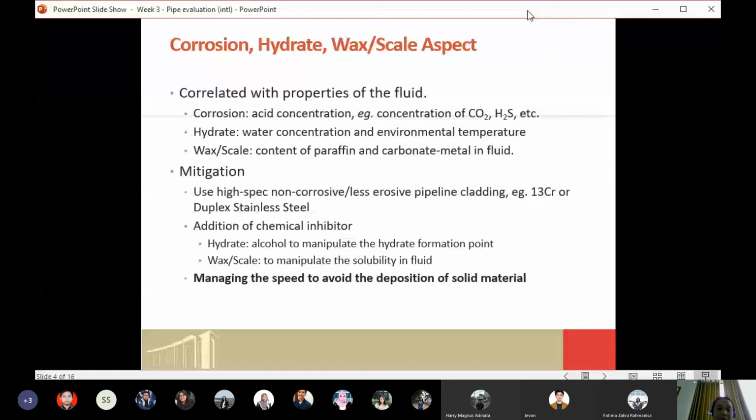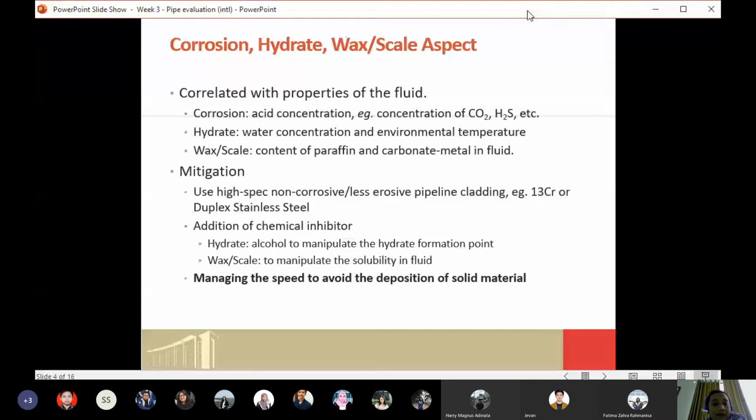Sometimes people say hydrate is equal to icing, but the difference is that hydrate occurs above 0 degrees C, while icing always occurs below 0 degrees C. If it looks like icing but the temperature is still above 0 degrees Celsius, it is called hydrate. That's the simple definition of hydrate.